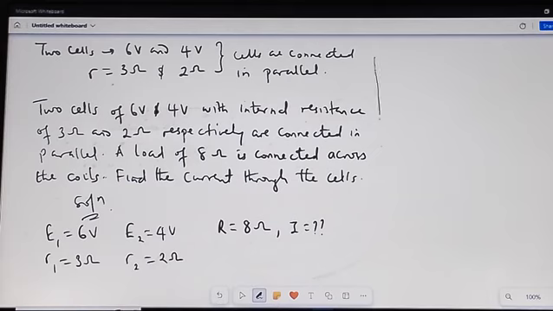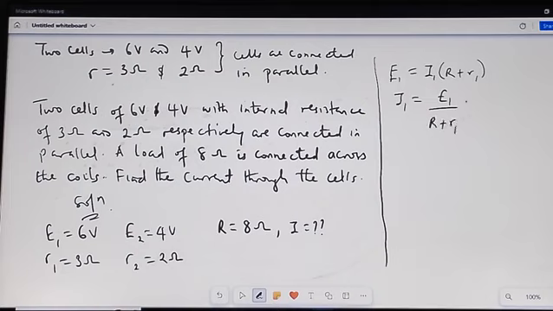So for the first cell, we say that E1 is equal to I1 into R plus R1. So that I1 will be equal to E1 all over R plus R1.